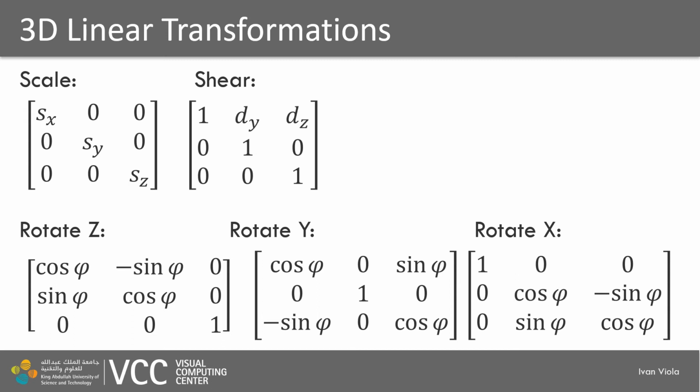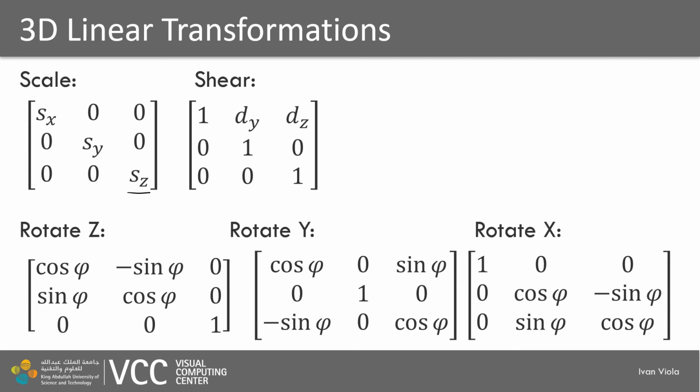So for scaling, for example, we can use a diagonal matrix, and on the diagonal there will be the individual scaling factors for each coordinate direction, as we had previously, but with the added value for the z coordinate, as we would expect. So if these 3 values are the same, we will deal with a uniform scaling, and if one or two of them are different, then we will deal with non-uniform scaling.